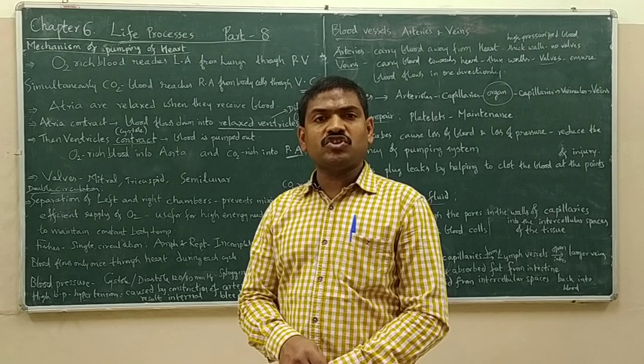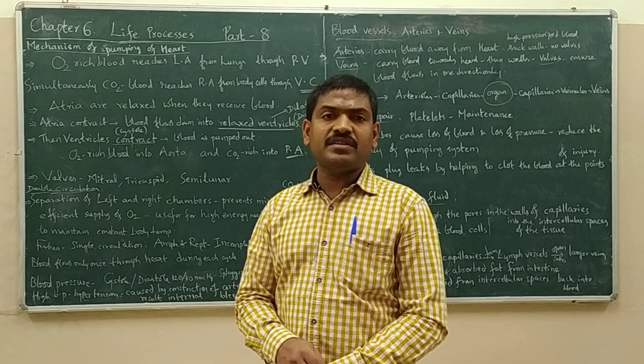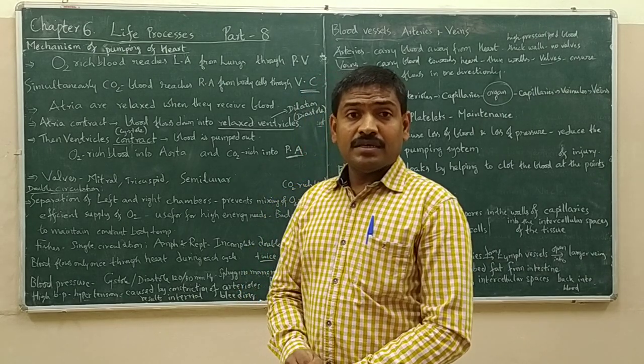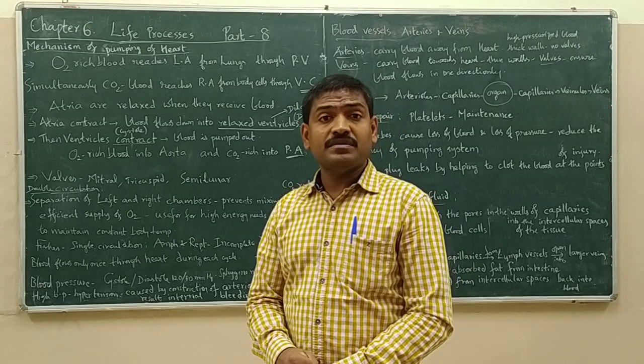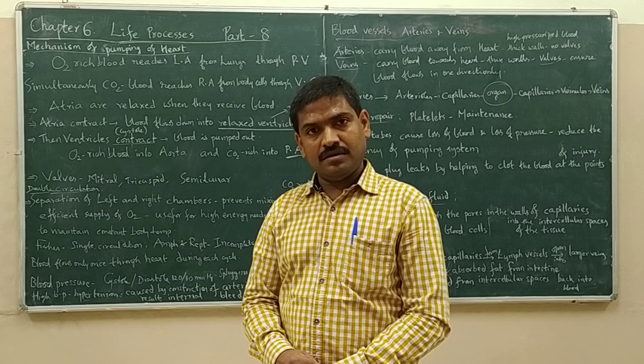While discussing the structure of the heart, we have learned that in order to prevent the mixing of oxygen rich blood with CO2 rich blood, separating septa are present between the atria and also between the ventricles.